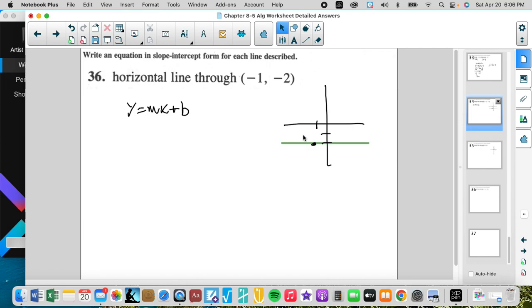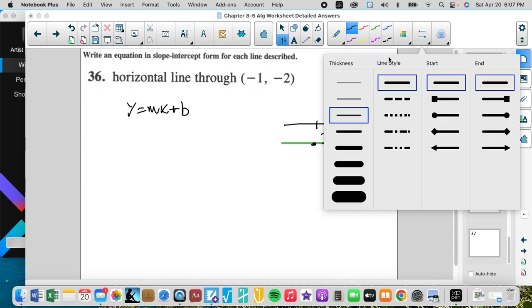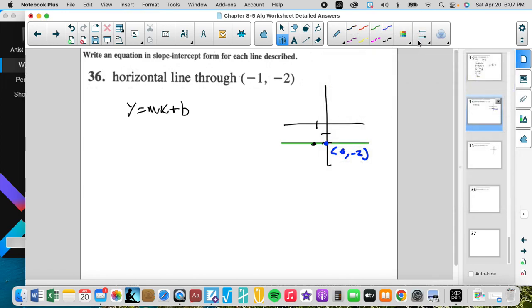The slope is still 0, but it crosses the y-axis at -2. So that is 0 for x, -2 for y. Sorry.